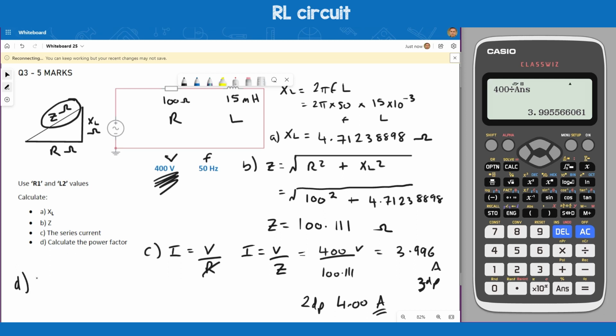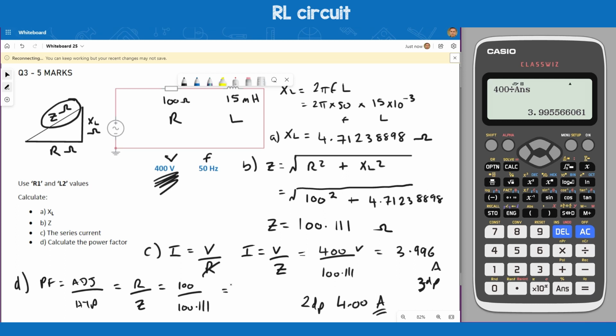Finally, the power factor is the adjacent, the real amount, which is resistance, compared to the apparent amount, which is the hypotenuse. So it's really easy to do. It's resistance divided by impedance, which is 100 divided by 100.111.